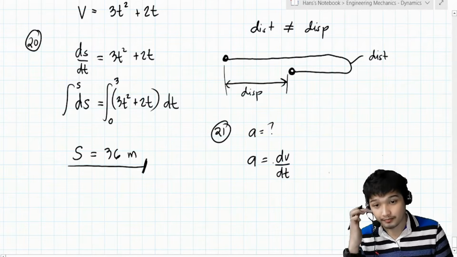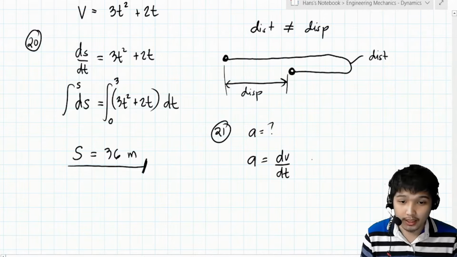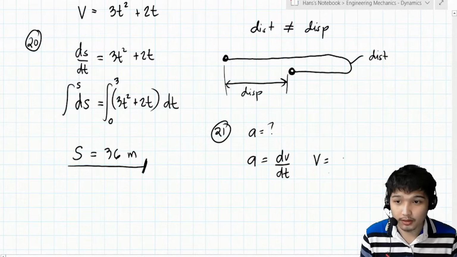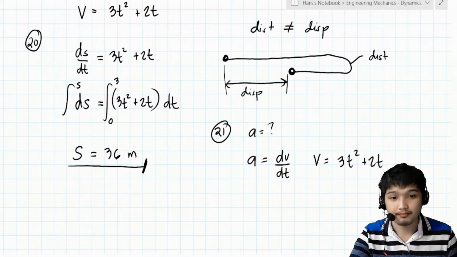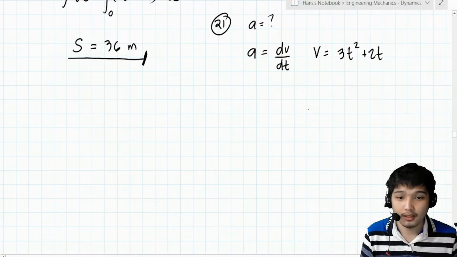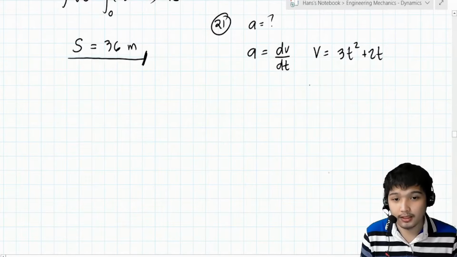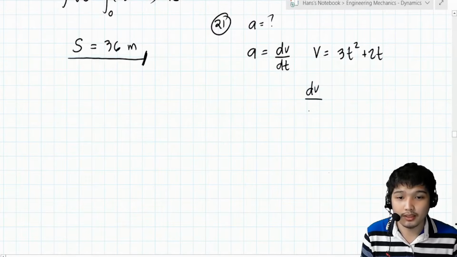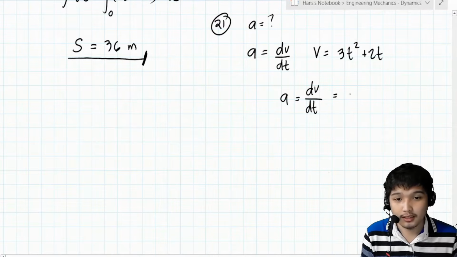Okay? So we have v is equal to 3t squared plus 2t. We will just have to take the first derivative. Therefore, dv over dt, which is equal to a, is 6t plus 2.